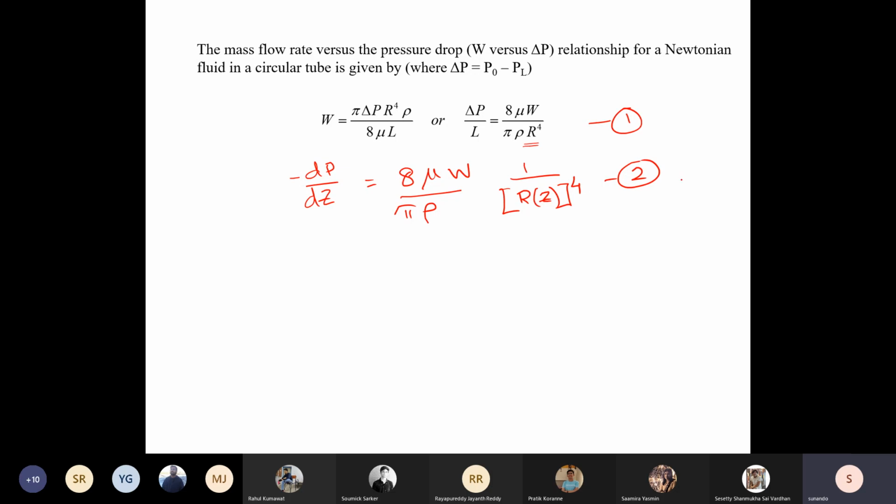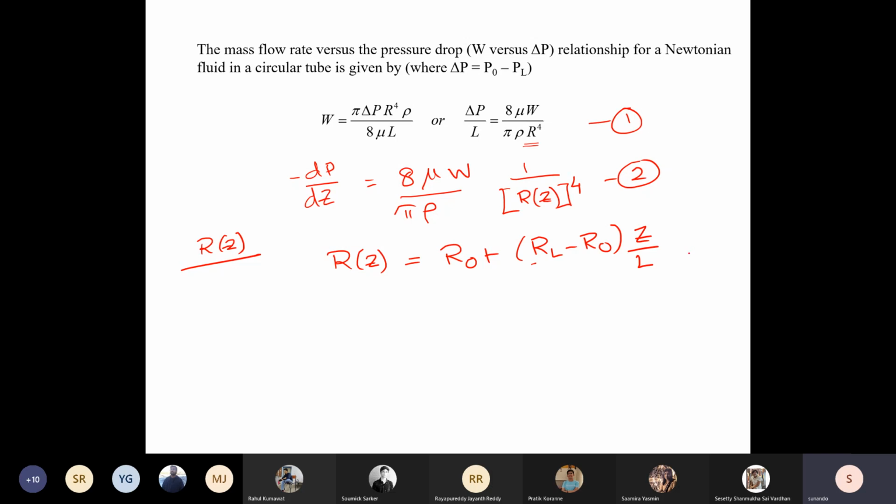In order to evaluate R of z, how does R vary with z? We go back to the geometry, the one that we have shown in the figure. So R of z, if I do a linear approximation, is straightforward, which we can write.